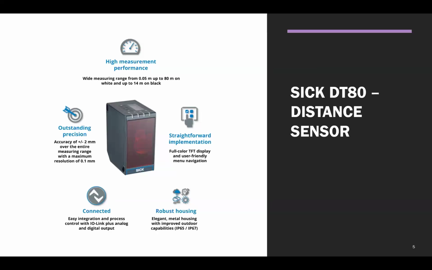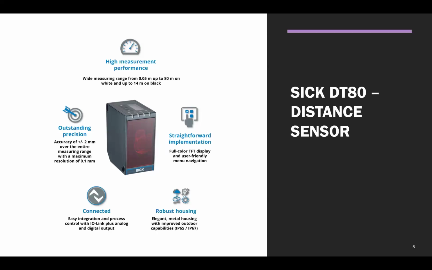Now let's get into the sensors for today. Our new release from SICK in the distance sensor family, or to be precise, the mid-range distance sensor family, is the DT80. This sensor is very impressive, especially because of the long distance and the precise measurement at that distance. Usually sensors in the market would say they can go up to 80 meters, 100 meters, but they won't talk about accuracy, or they would say up to 10 millimeters or things like that.